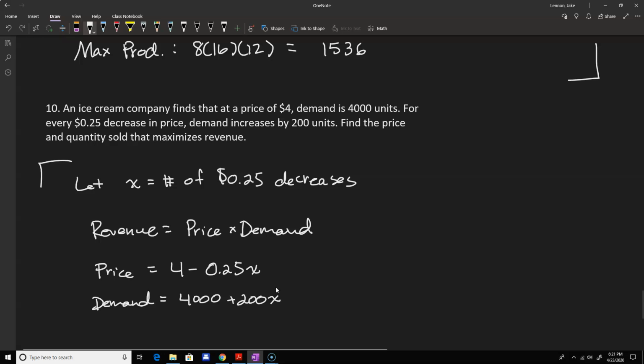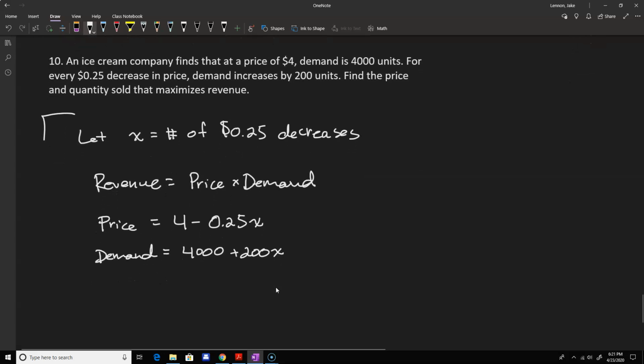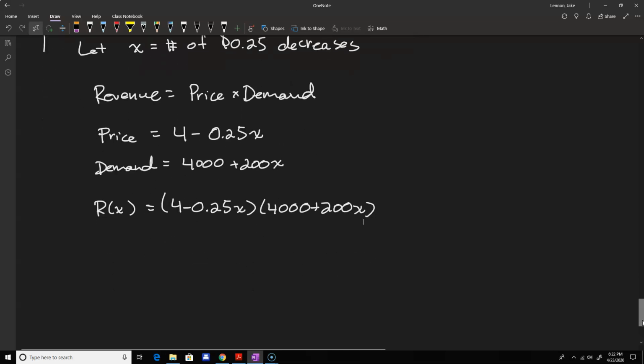So this generates our revenue function, which is what we're trying to maximize. So if we call our revenue function r of x, it's 4 minus 0.25x times 4,000 plus 200x. So we can go ahead and FOIL that out to make taking the derivative a bit easier.